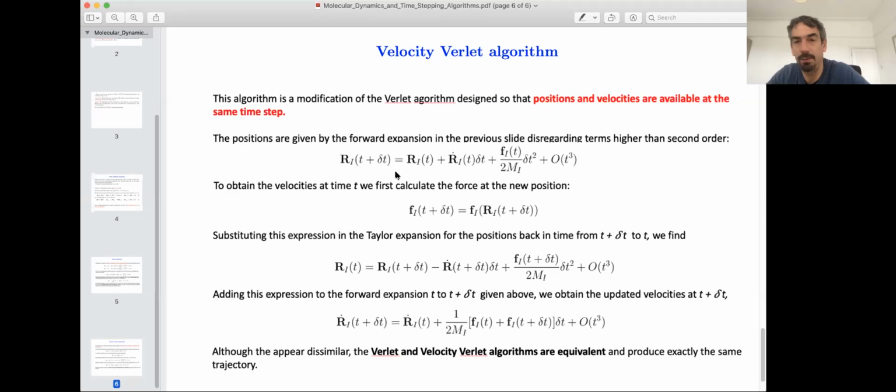Imagine we are now at time t, and the nuclei of our molecule or material are at a given set of positions that we call Ri at given t. Now, at that position, you do a Kohn-Sham calculation. The Kohn-Sham calculation gives you the ground state energy, the point on our potential energy surface, and it also gives you the force acting on each nucleus of your material or of your molecule.